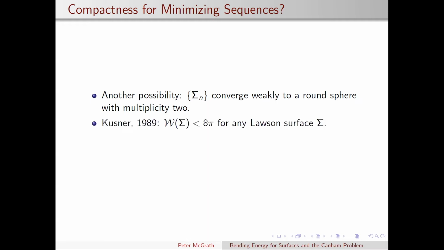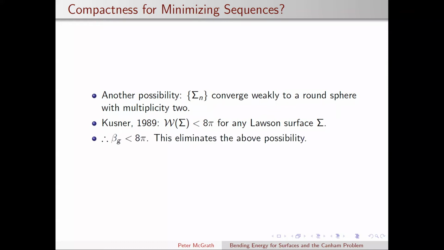So Rob Kusner in the late 80s showed that for these Lawson surfaces that I had some pictures of before, their Willmore energy was always strictly less than 8 pi. Remember, in those pictures, they look sort of like 2 spheres with these handles. So the Willmore energy of exactly 2 spheres is exactly 8 pi. What he showed is basically you lose some energy by adding those handles. So what does this mean?